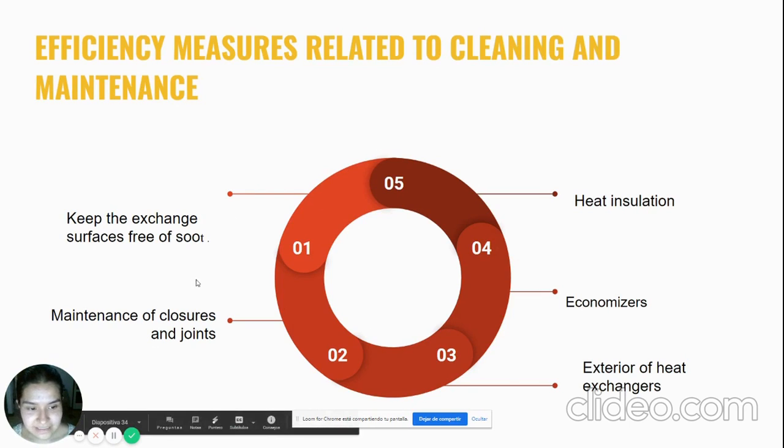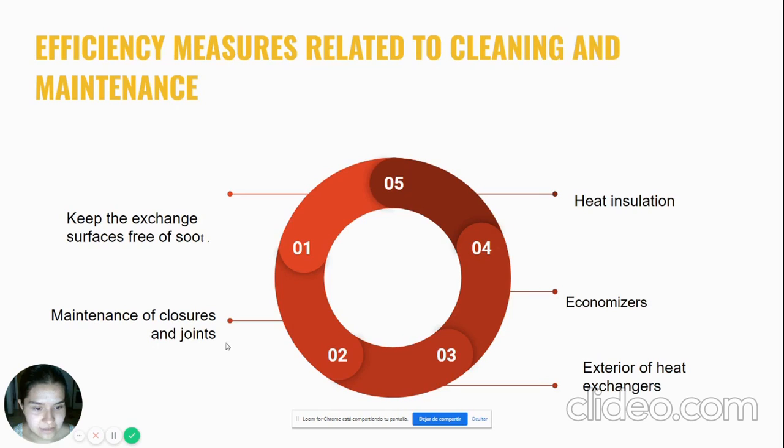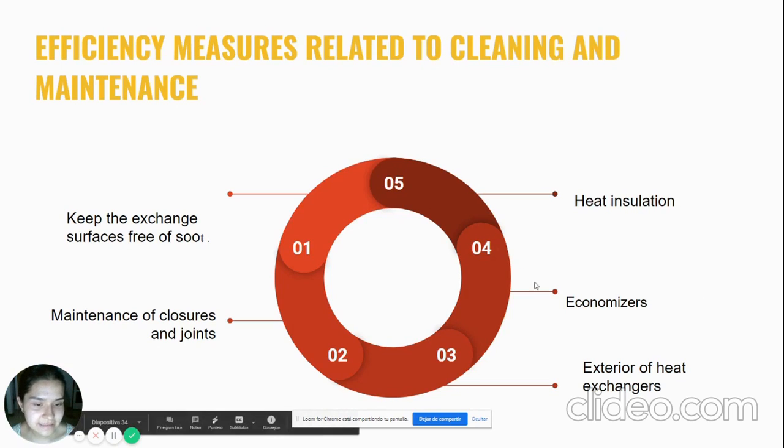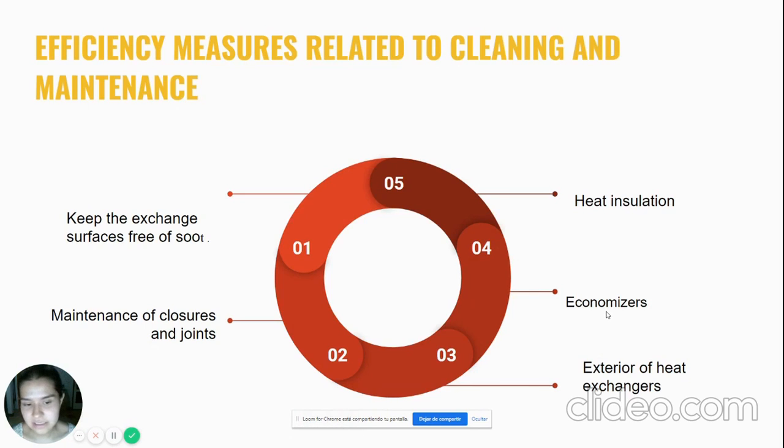Carry out maintenance of closures and joints to avoid pressure losses in the pipes. Insulate the following parts to minimize heat losses; ceramic fiber insulation is recommended. And clean the economizers and the exterior of heat exchangers in general.